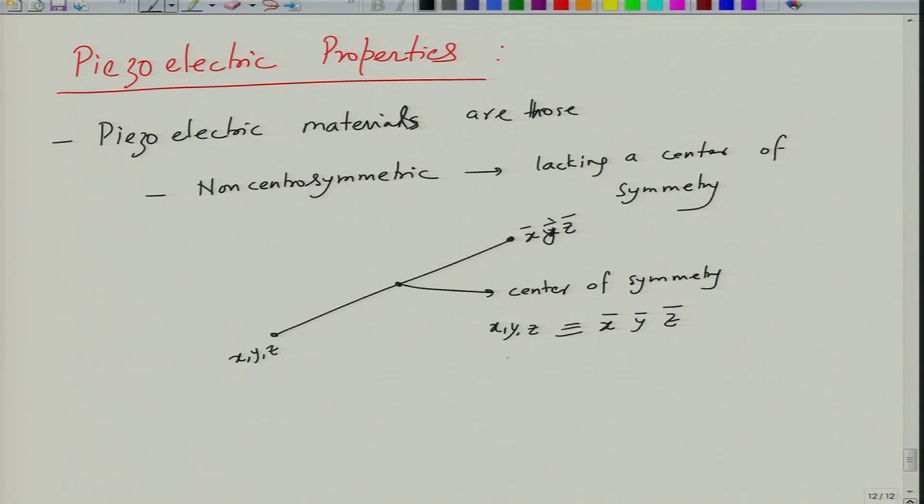But if you do not have a center of symmetry, then x, y, z will not be equivalent to minus x, minus y, minus z. This is a very basic definition of piezoelectric materials. Piezoelectric materials by definition have to be non-centrosymmetric; that is a must requirement.